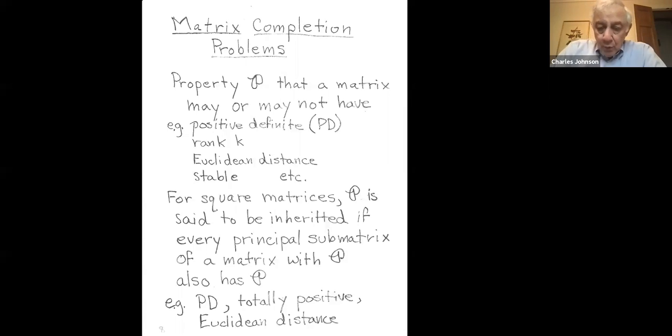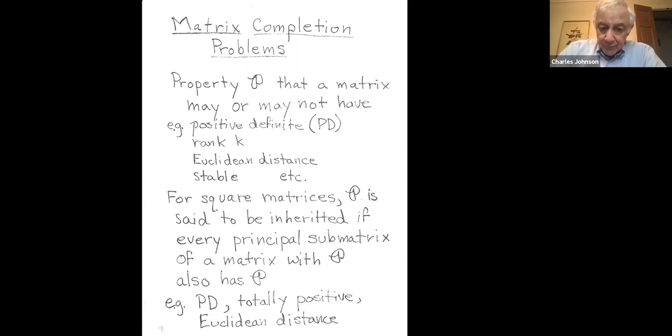Now, for square matrices, and let me confine myself to that case, although there's certainly a non-square version of all of this, P is said to be an inherited property if every principal submatrix of a matrix with property P also has property P. For example, this is a feature of positive definiteness.